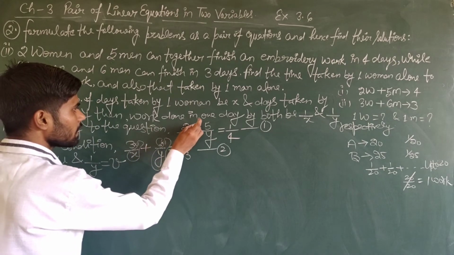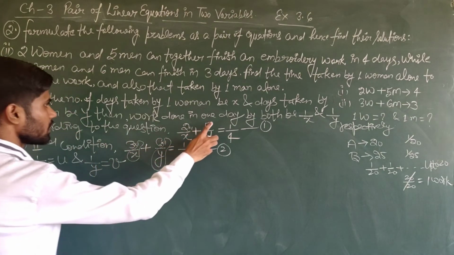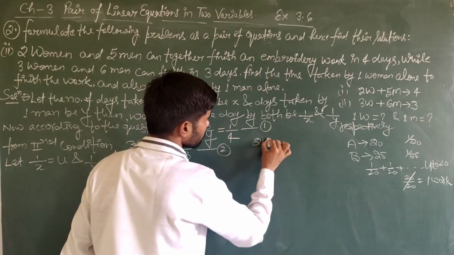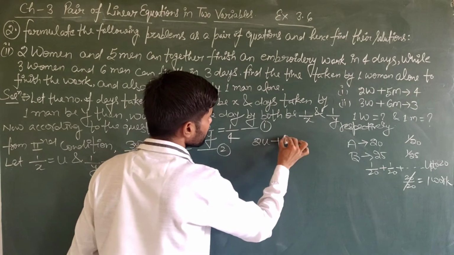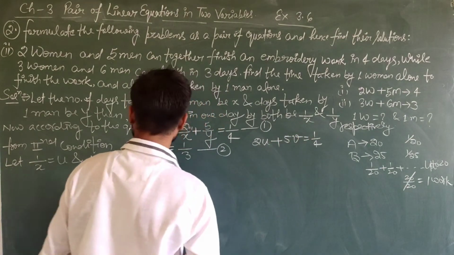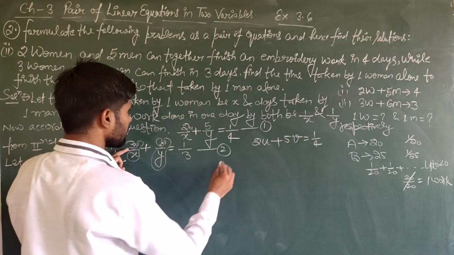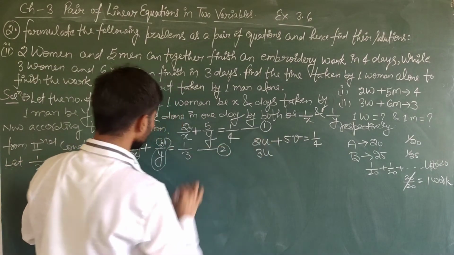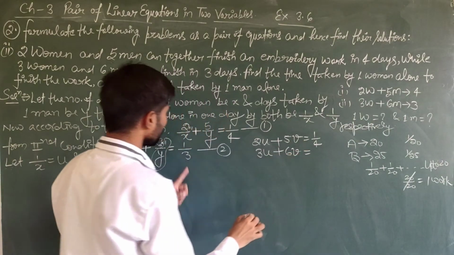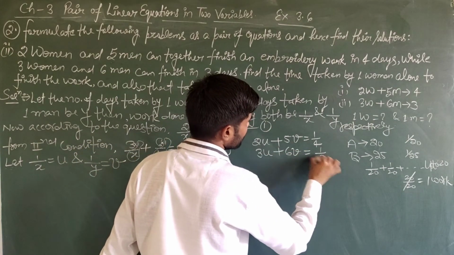Same condition we can apply here, means equation first will become 2u plus 5v is equal to 1 upon 4. Okay, and equation second will become 3u plus 6v is equal to 1 upon 3.